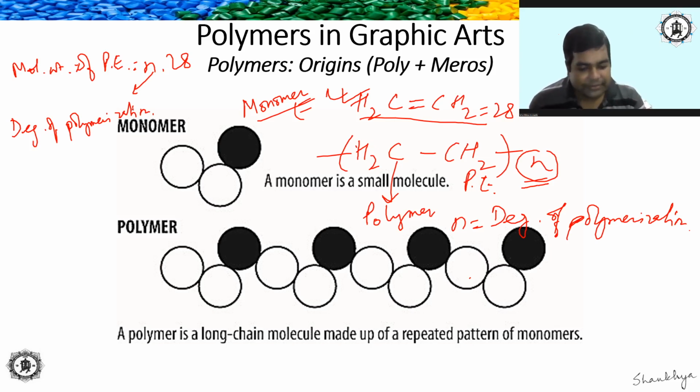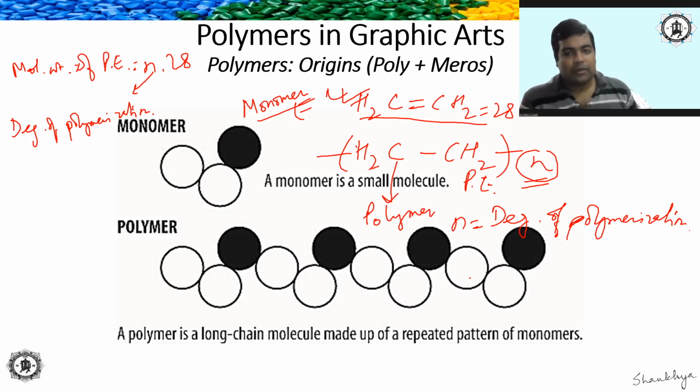So if we can formalize this, how can we define the degree of polymerization? The length of the polymer chain is specified by the number of monomeric units that are being repeated. This number is referred to as the degree of polymerization for that polymer.